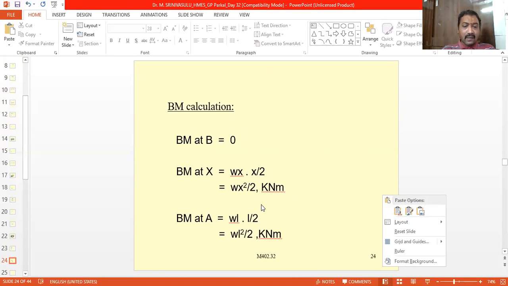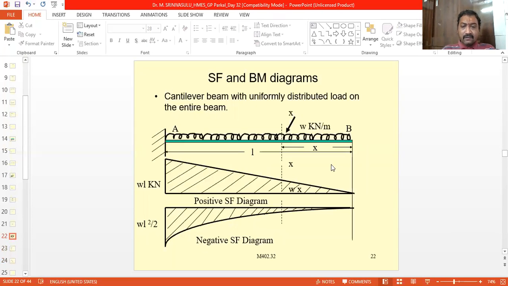So if you wanted to calculate the bending moment at point A, the distance is counted from here. So here it is x, up to here it is x. Here x becomes L. Point A is nothing but the x is equal to L distance. So you have to substitute L in place of x.